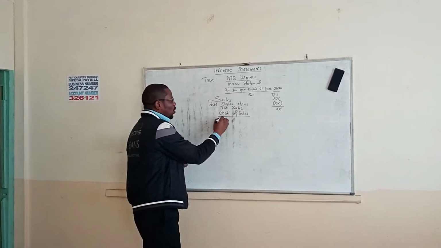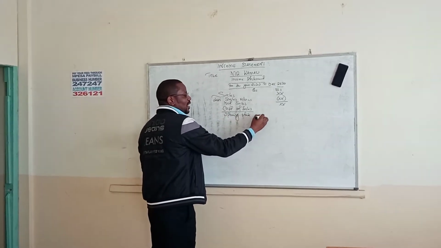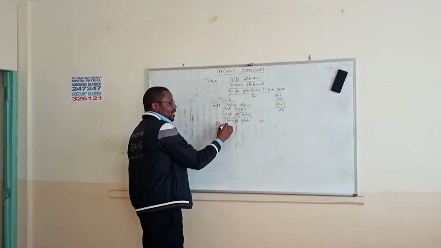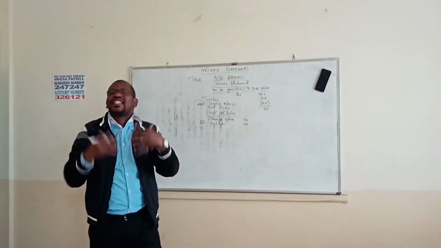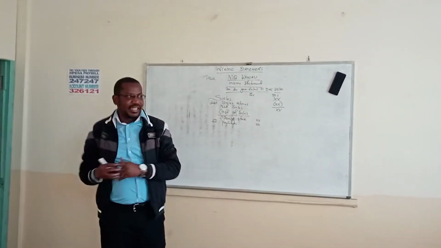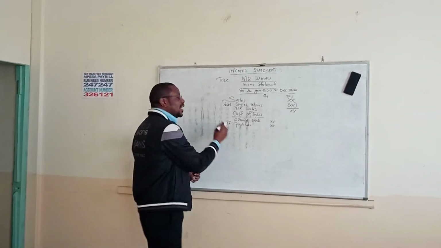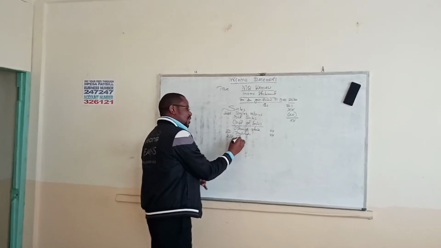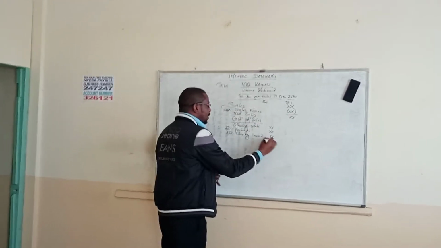Cost of sales: get the opening stock. From your trial balance, you'll be given the opening stock. Add purchases. Purchases is just that value of goods that we have bought for resale. So add purchases. If there is carriage inwards, add carriage inwards, very important.